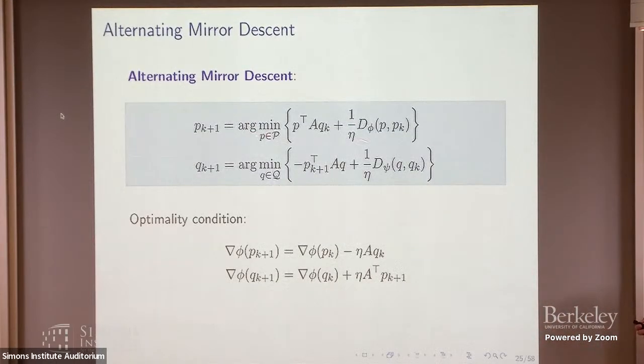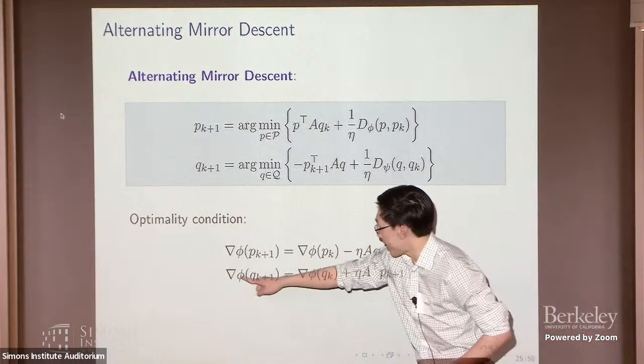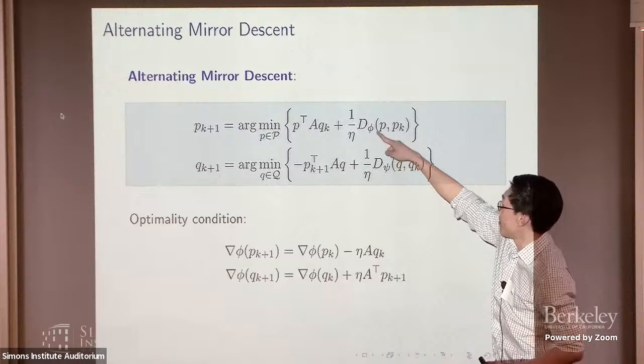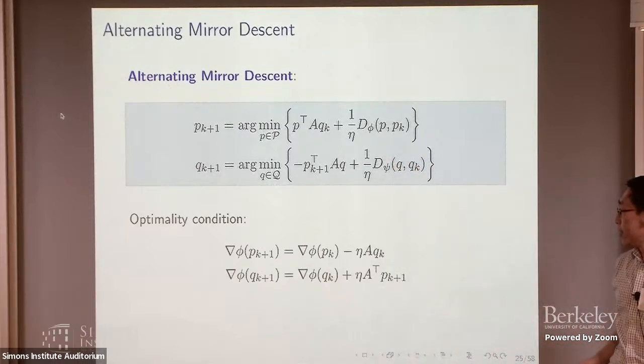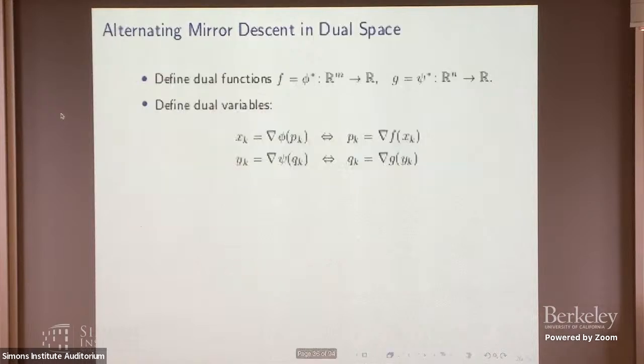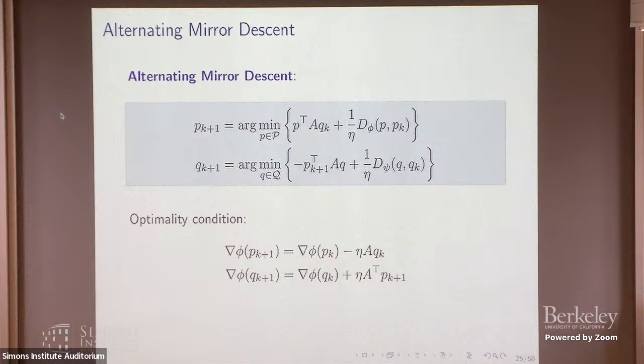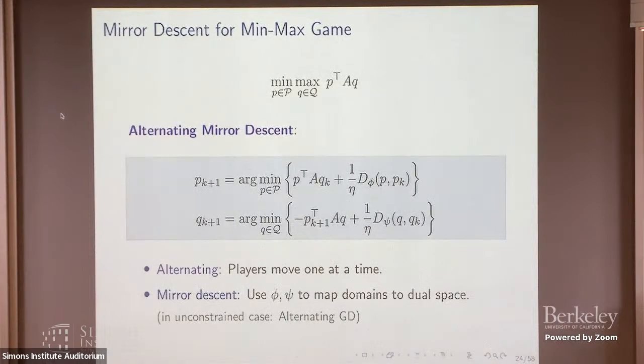So if we follow the same technique as before, let's write down the optimality condition in terms of P and Q. Sorry, this should be psi, but let's assume that phi equals psi for now. So in the dual space, they become this update. Can we go back? Somehow I want to see an analogy.